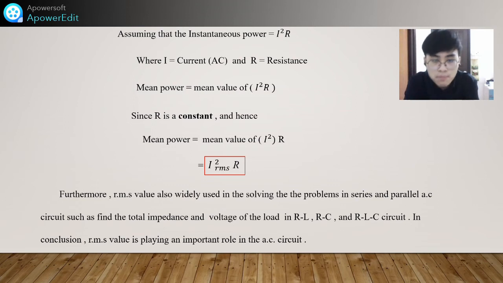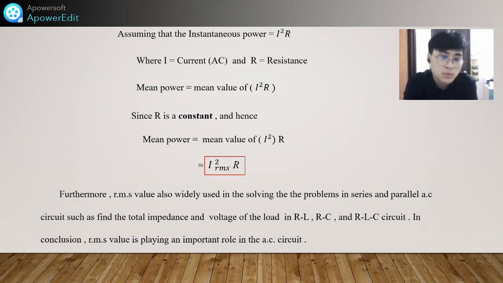So mean power is equal to the mean value of I squared R. Since R is a constant, the mean power is equal to the mean value of I squared times R. The mean value of I squared is equal to I-RMS squared. So the mean power is equal to I-RMS squared times R.